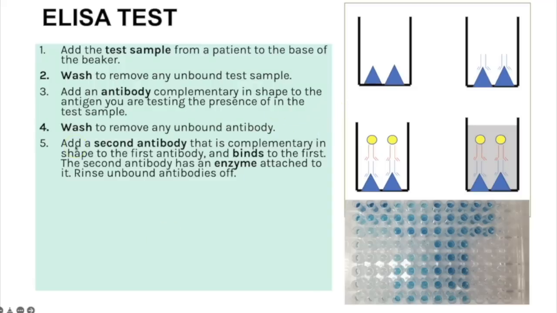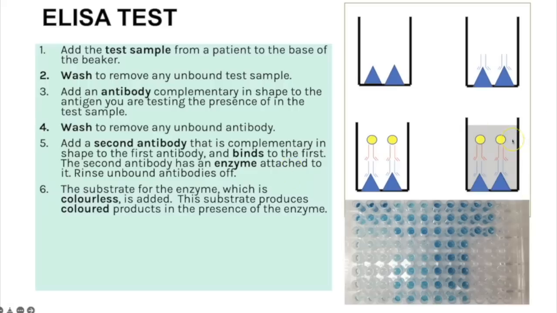Add a second antibody that is complementary in shape to the first antibody and binds to the first. The second antibody we can see here has an enzyme attached to it. Again, we have to rinse just to make sure any unbound antibody is taken off. And then the substrate for the enzyme, which is colourless, is added.